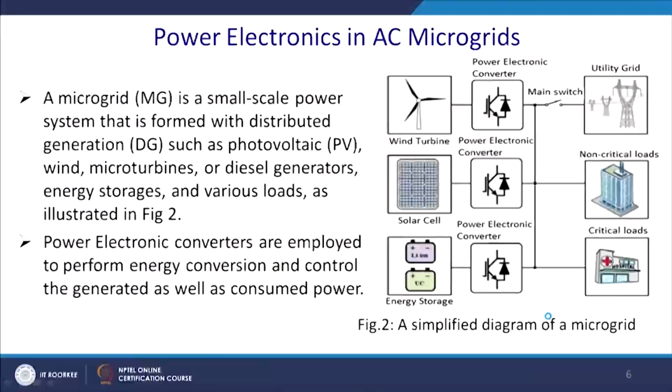So, this is the figure: you have a wind turbine and you require AC to AC conversion, and if this grid is AC, there is a solar panel and from there you convert into AC power and that is required to be synchronized, and thereafter you have a storage element that is bidirectional.